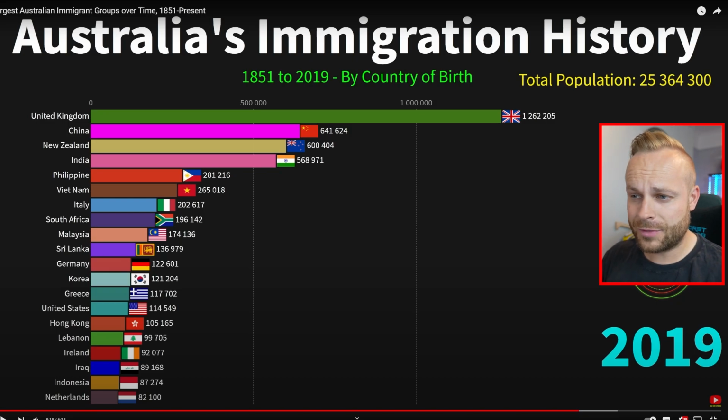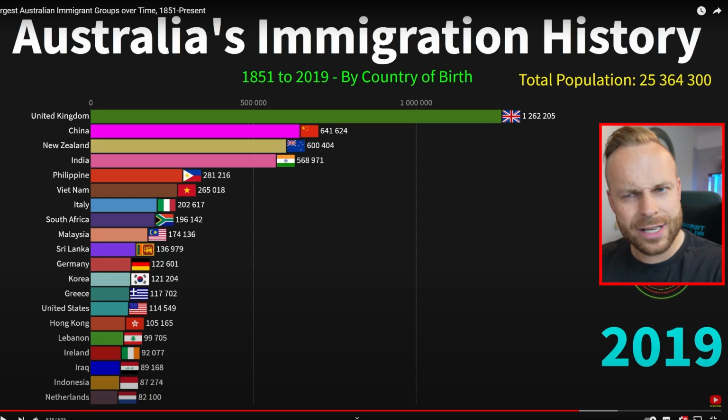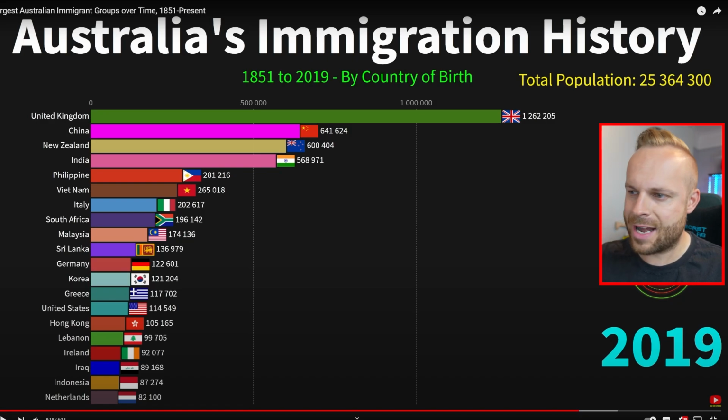Now, obviously, New Zealand's in there, which I don't know why I'm surprised about. But for that extent, 600,000, we're ending there in 2019. I am quite surprised, but I think my predictions were right. China and India. And if you think, actually, they're neighbours pretty much. China is more or less a close neighbour to Australia.